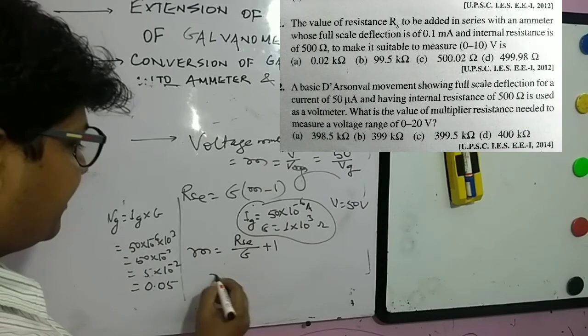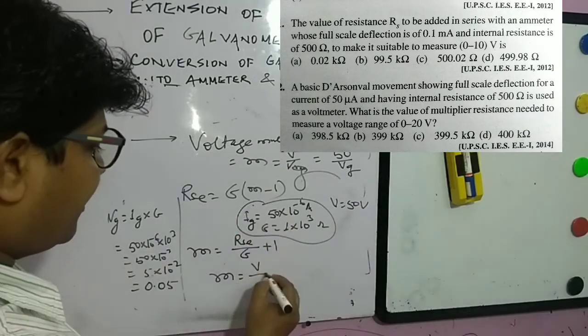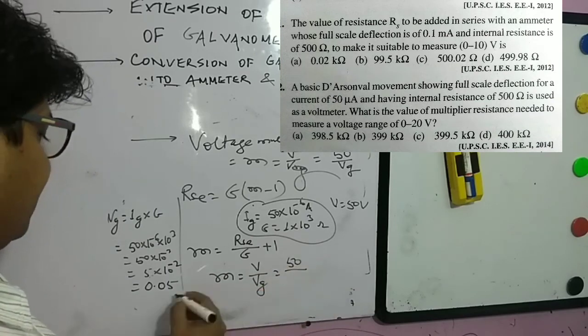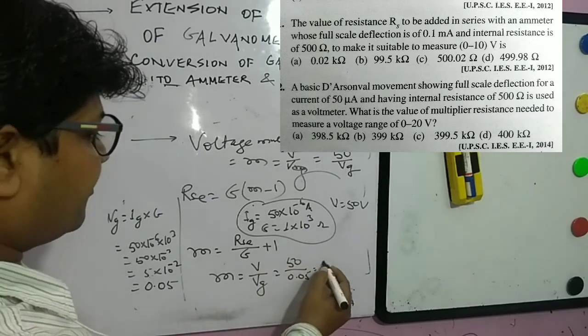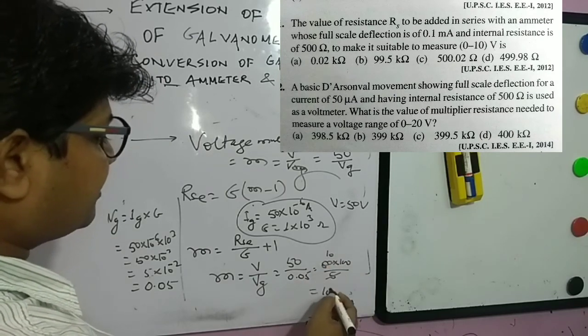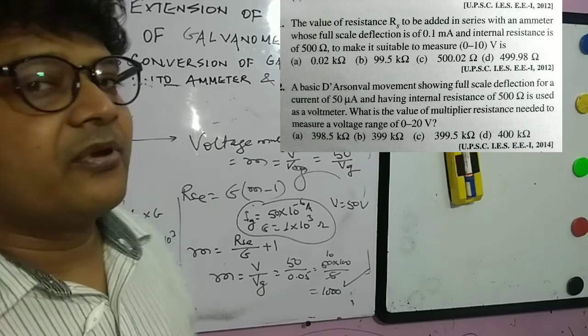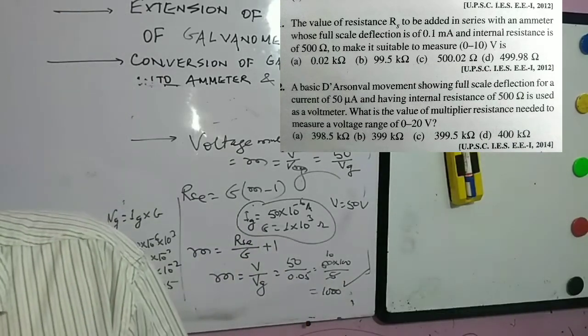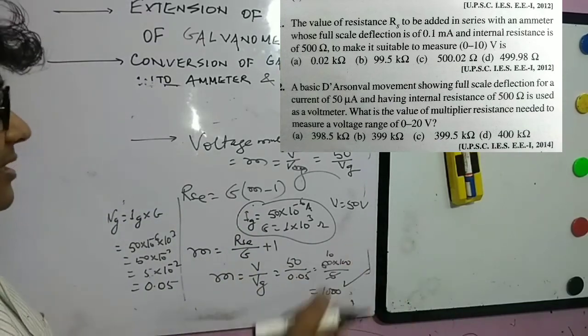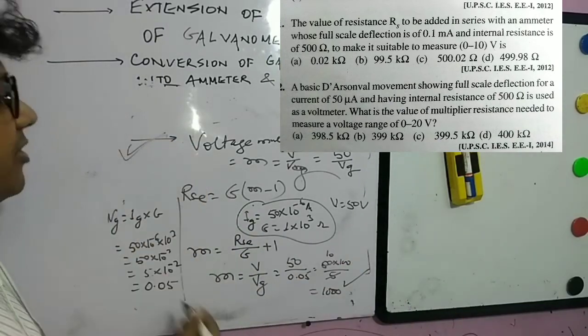So we can calculate m directly, V by Vg, V is 50 and Vg is 0.05. So 50 into 100 divided by 5, there 10, and this is 1000. m is equal to 1000, right? So m is equal to 1000 we are getting, fine. So in this way we can solve this problem, voltage multiplier.